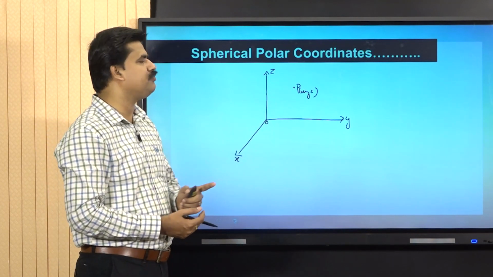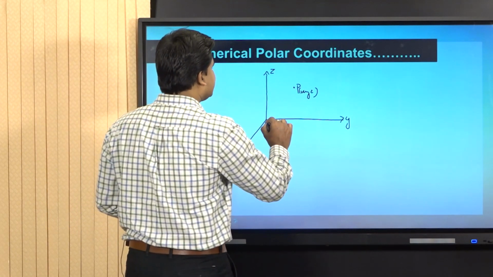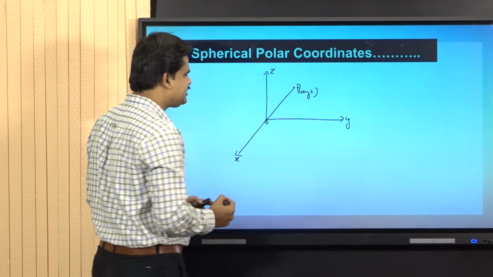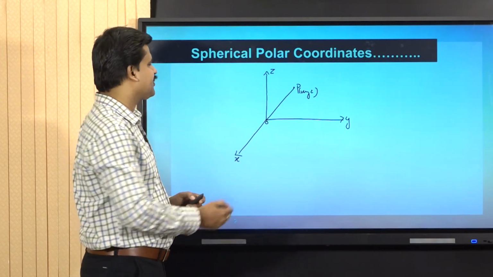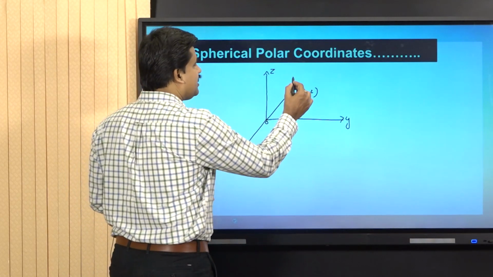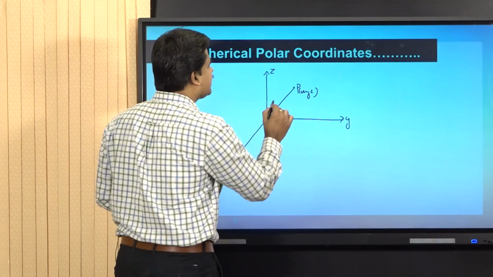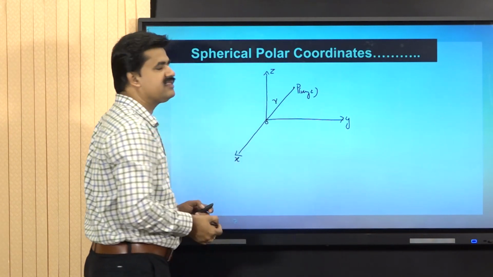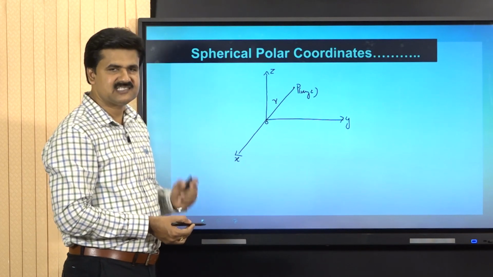Now consider the distance OP, that is the distance from the origin to the point P. This distance is taken as small r, the first variable in the spherical polar coordinate system.